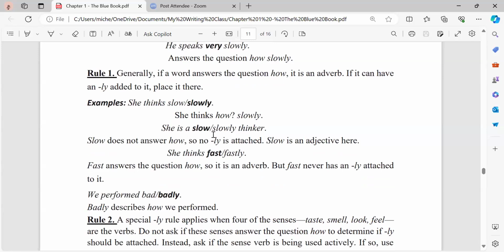And then you can say she is a slow thinker. Usually if it's at the front, for example, a slow thinker or slow talker, they will not follow the ly rule. But if it's at the back of the sentence, for example, she thinks slowly right here at the very end, then we usually add ly to it.